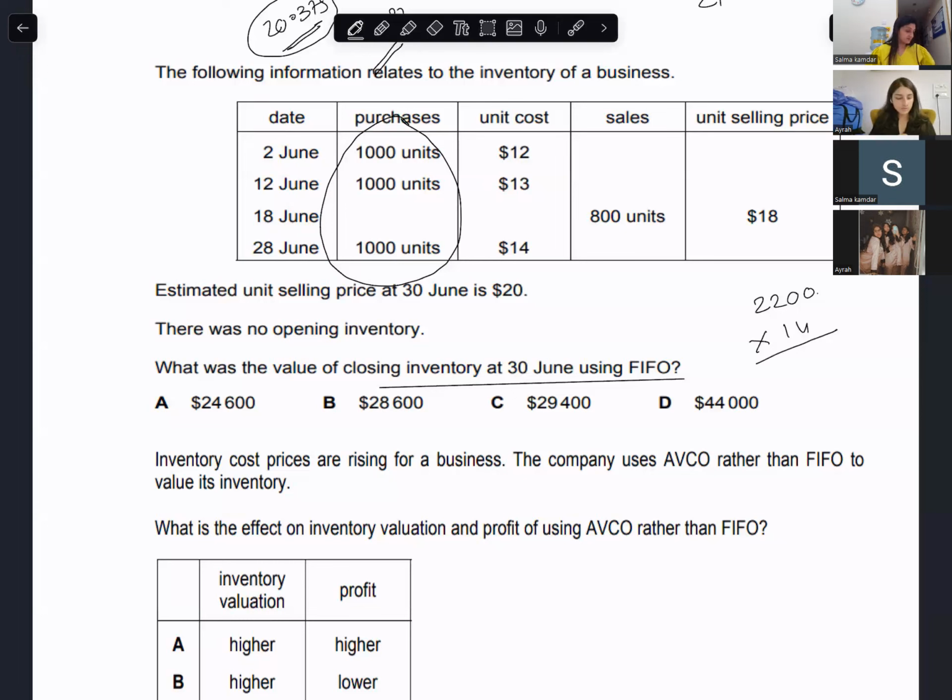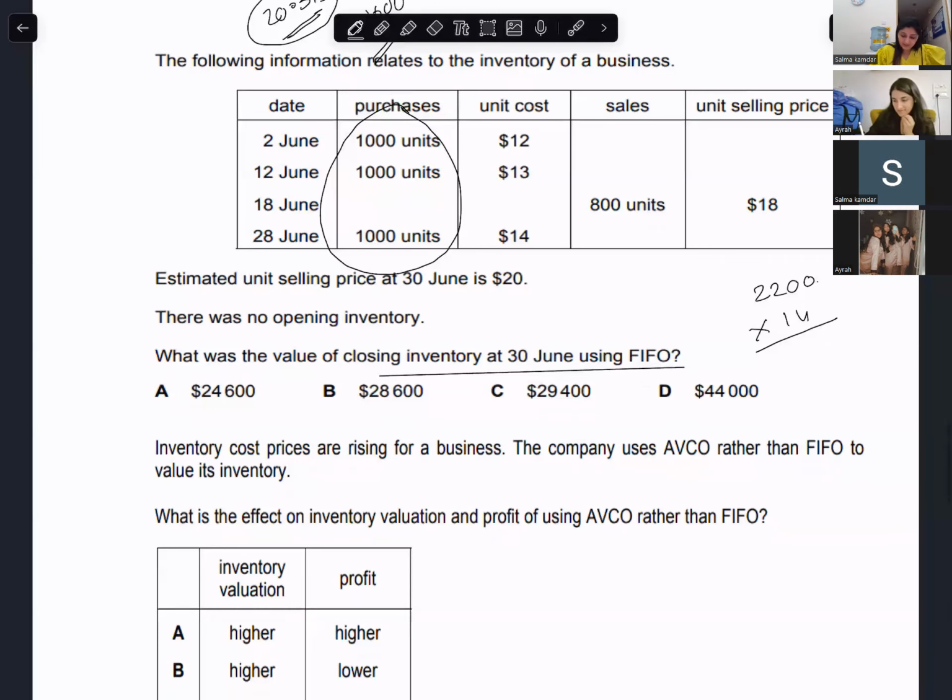So 1,000 into 14, and then 1,000 into 13.